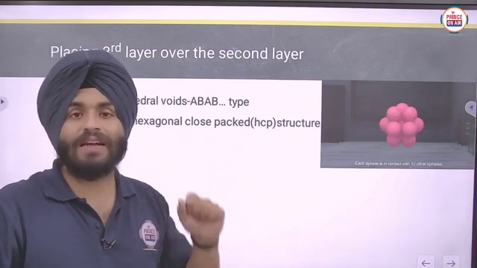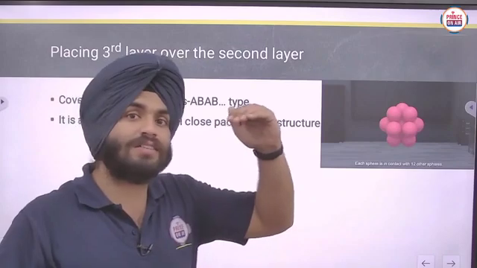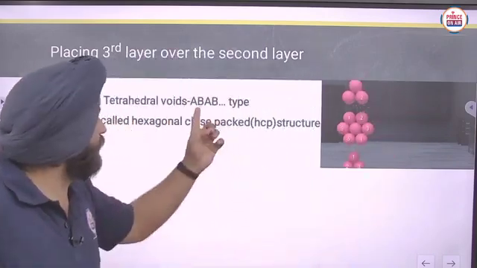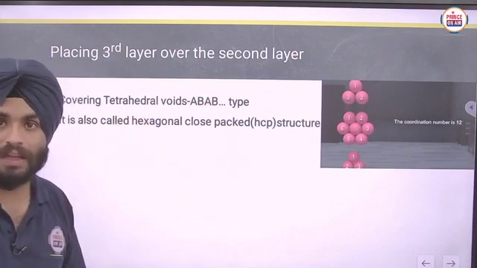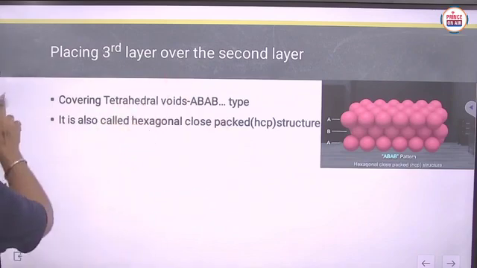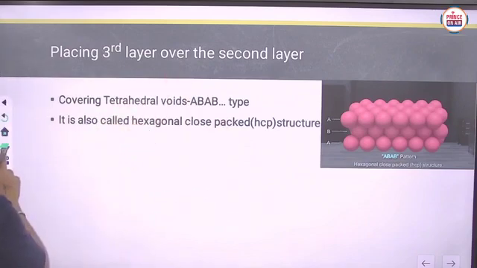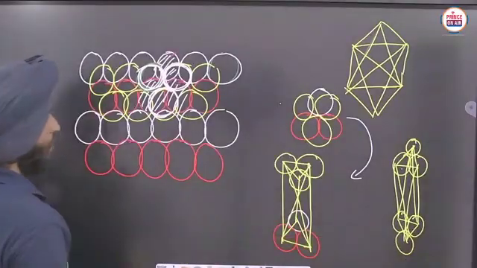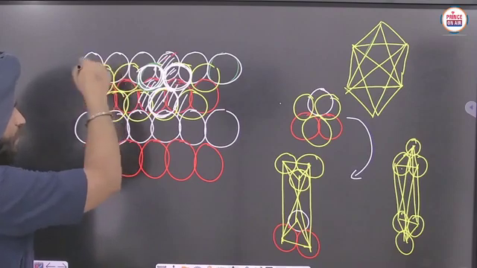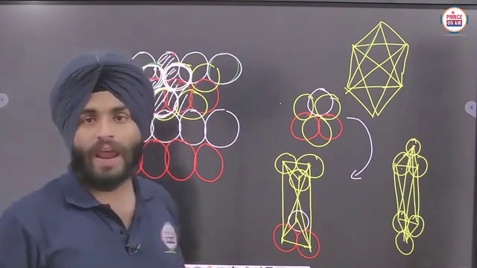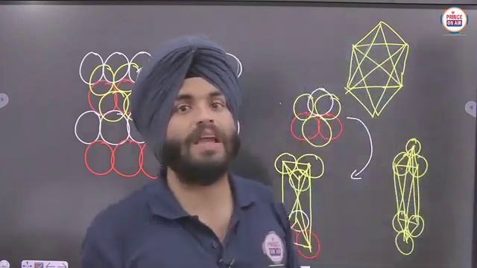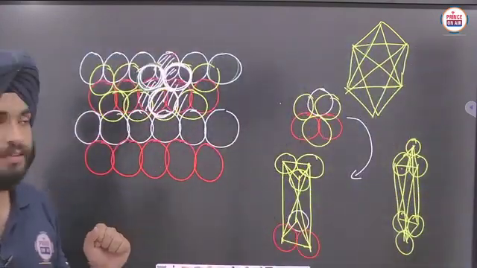If we cover those tetrahedral voids, the third layer will be similar to the first layer, so that will form an ABA type of close packing in 3 dimensions. If we place one or more layers over it, it will be similar to the first layer, so it forms ABA type close packing in 3 dimensions.